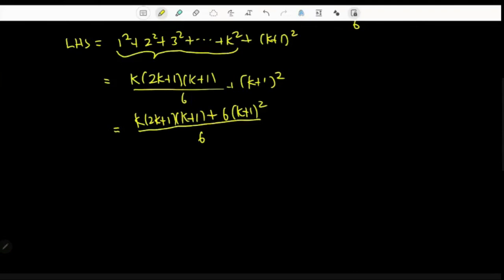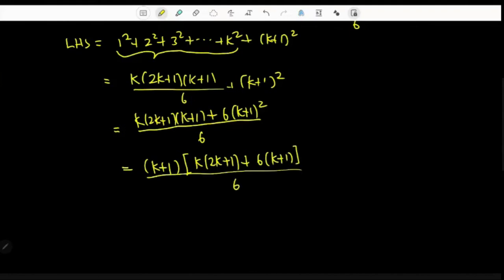Take note that k plus 1 is a common factor, so we can factor that out. So we factor out k plus 1, and we're left with k times (2k plus 1) plus 6 times (k plus 1), all over 6.